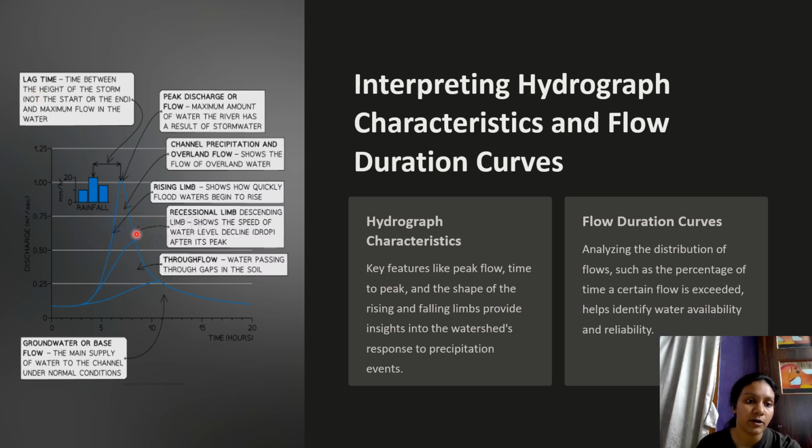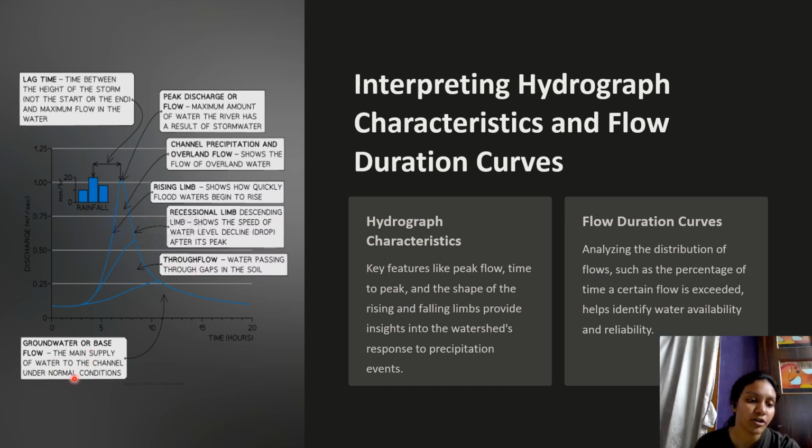Here we have the rainfall, the curve, and groundwater or base flow, lag time, peak discharge of flow, channel precipitation and overland flow, rising limb, recessional limb or descending limb, and through flow.